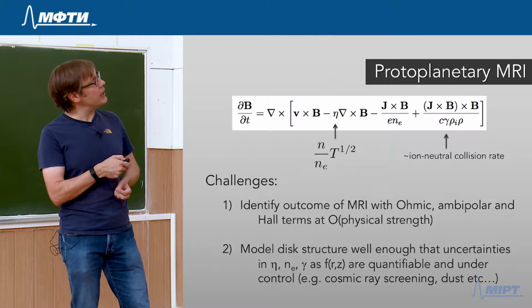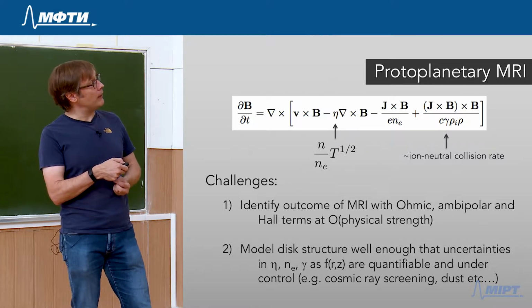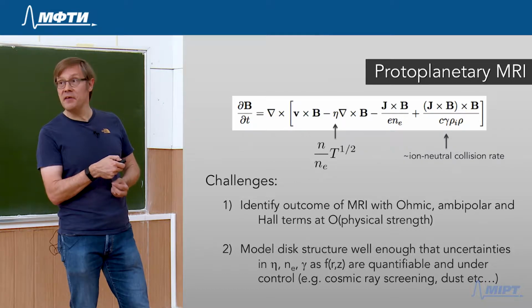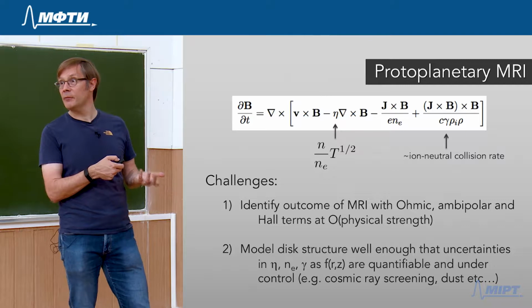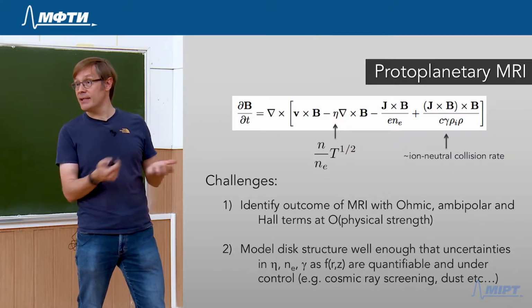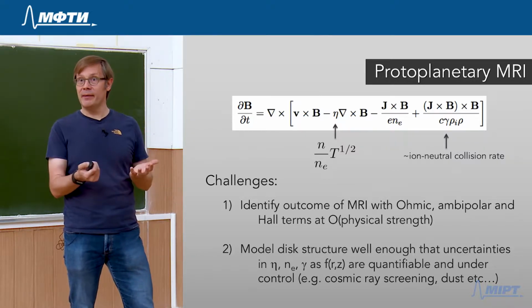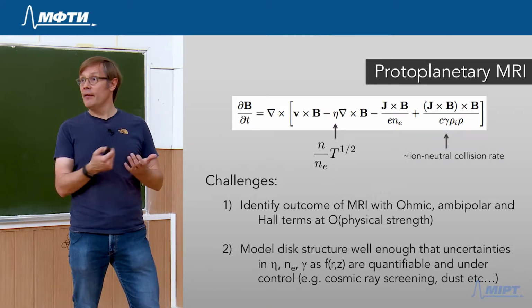The second question is, can we model the disk structure well enough that we can actually work out what these coefficients that enter these non-ideal terms are accurately enough? We said something about that second part yesterday, and maybe correctly convinced you that that's quite a difficult job.